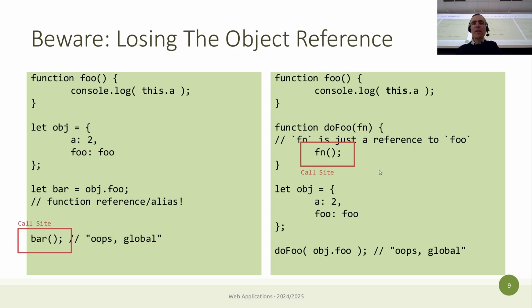So let's see the right example. So we have obj, that's exactly as before. Function doFoo, okay? And to doFoo, we pass obj.foo, okay? And so it's copied, okay?